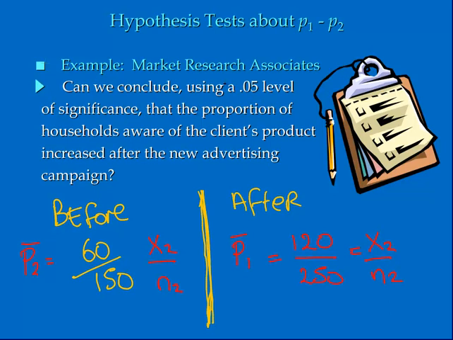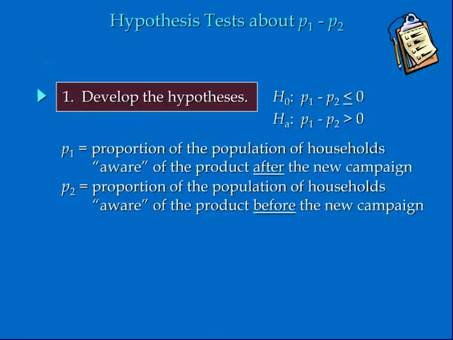Another thing to remark upon is the 5% significance level. Alpha equals 0.05. So, develop the hypotheses. In this case, we're interested in, was there an increase? Did the advertising campaign increase awareness? So, was there a positive difference? We would express that in the context of the alternative hypothesis.